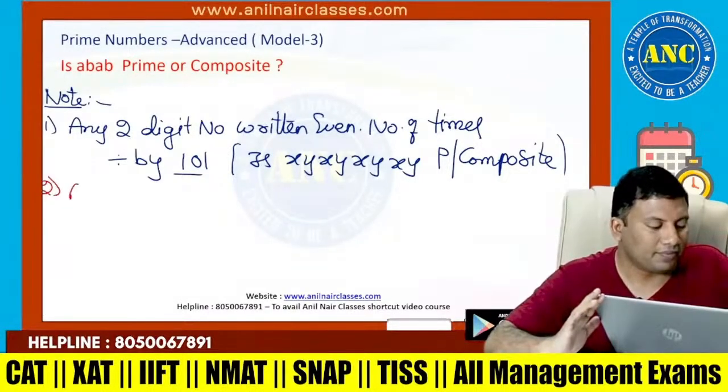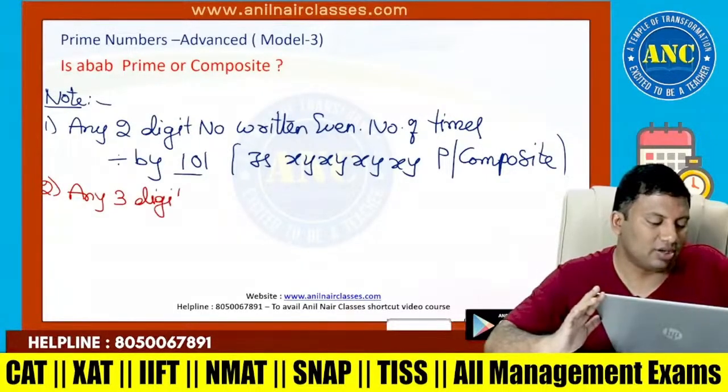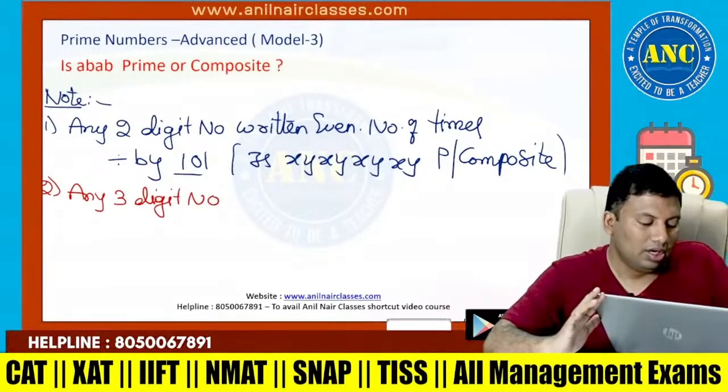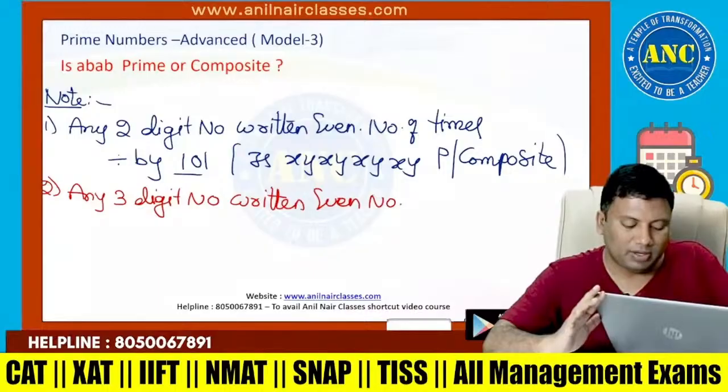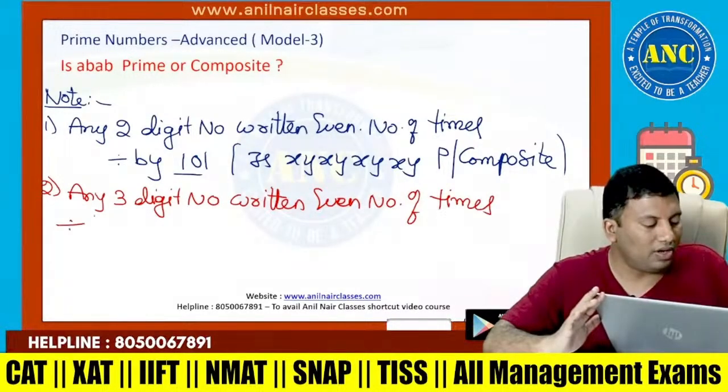Similarly, any 3-digit number written even number of times is always divisible by 7, 11, 13.